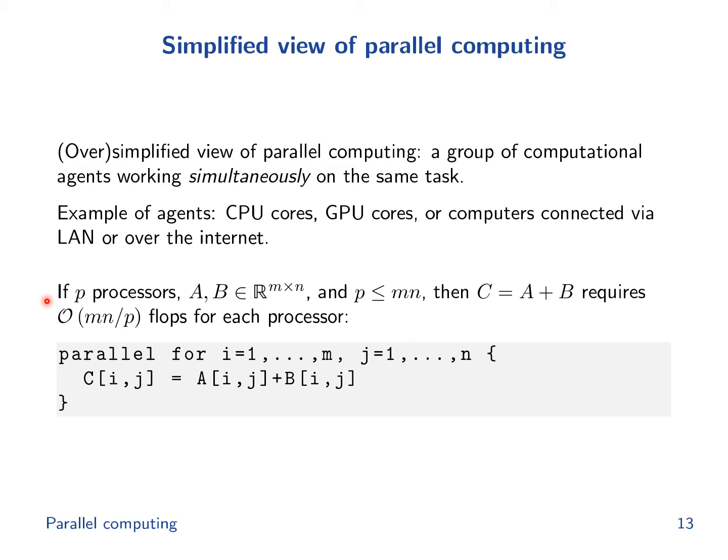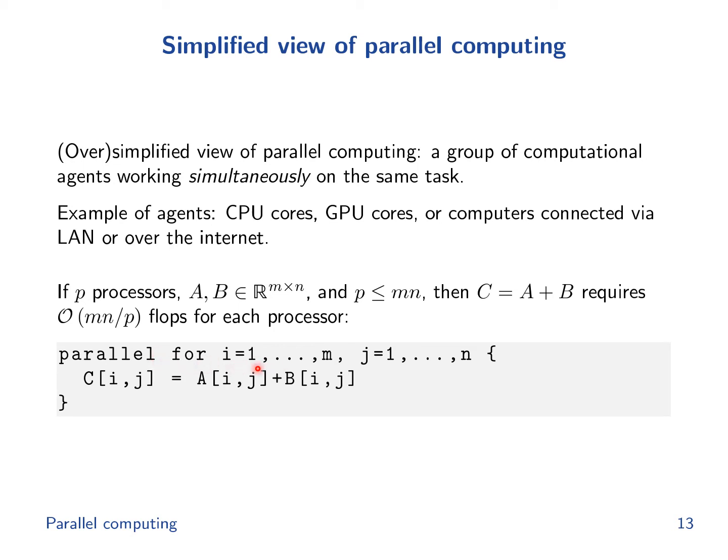Let's use an example to illustrate parallel computing. Our goal is to compute the sum of two matrices of the same size, m by n, and assume we have P processors where P is less than m times n. Then roughly every processor is allocated m times n divided by P flops to complete. This can be expressed using this parallel for pseudocode.